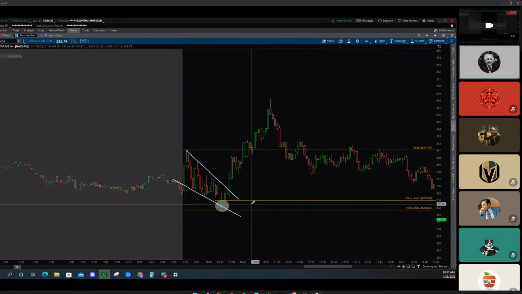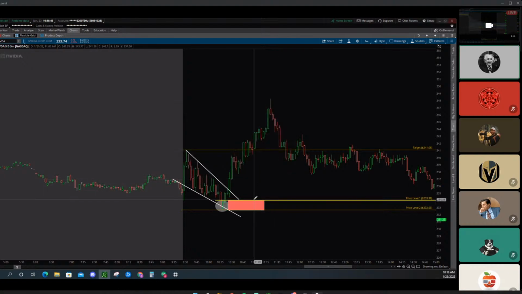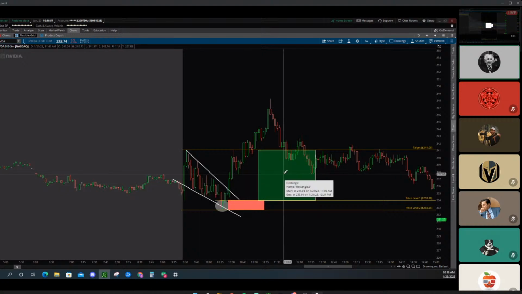So my entry, this area right here, is my entry, and this is my risk right here. The reward that I have, let me make this reddish so you guys can see it. This is my risk here, and this here is my reward. You guys see that? Whenever you have a trade that's 7 to 1, so 241 minus 234, let's call it, that's $7.